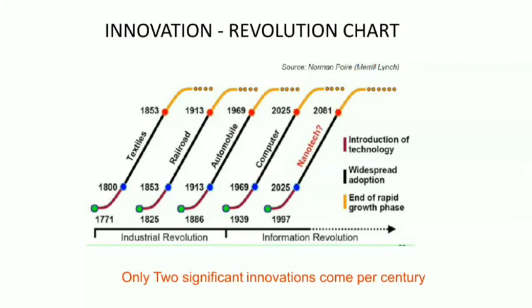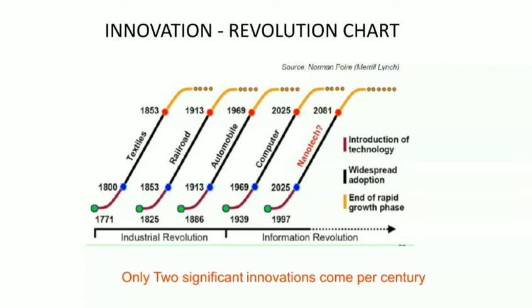Now this is just to know where we are at the moment in the world of nanotechnology or nanotech. Okay, so this slide will give you an idea. I give this slide the title innovation to revolution chart. This is nothing but something that is first innovated, then slowly it gets introduced to the people.